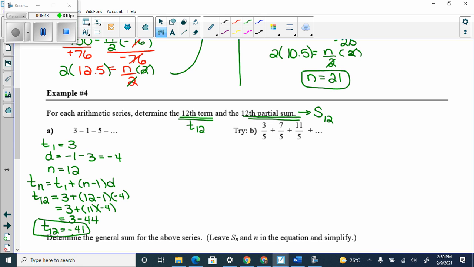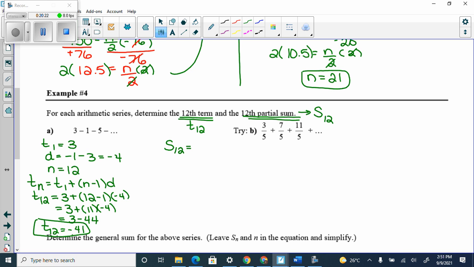And then I want S12. S12 equals, which can I use? I can actually use the shorter formula. People will say, but I don't have the last term. You actually do, you just found it. This is the last term, right? So this is Tn.